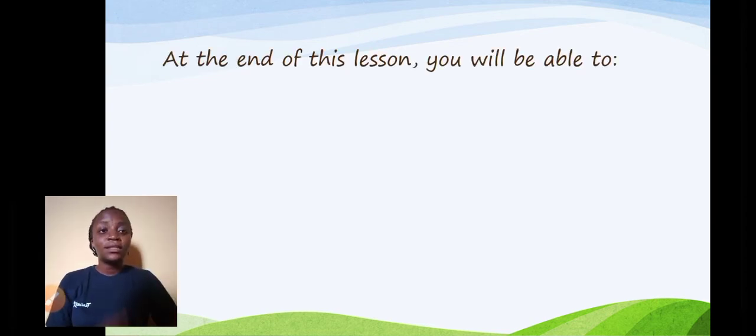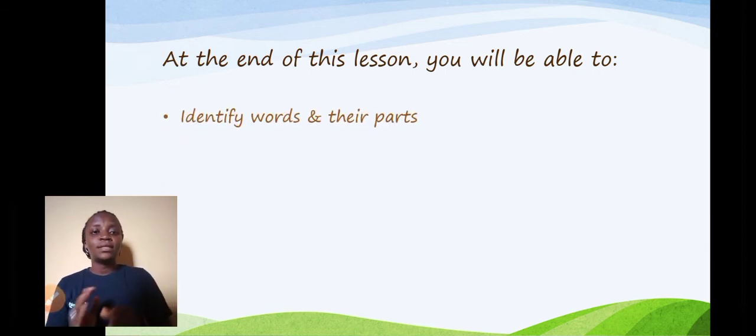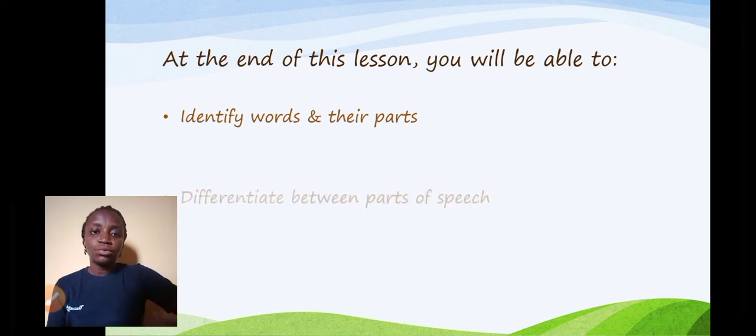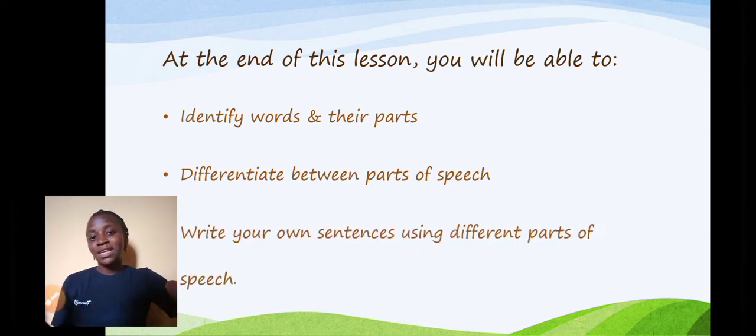At the end of this lesson, you will be able to identify words and the parts of speech that they belong to. You would also be able to differentiate between parts of speech. You'll be able to tell the difference between a noun and a pronoun, and between an adjective and an adverb, just by remembering the parts of your body.